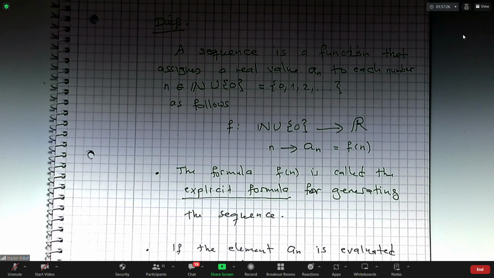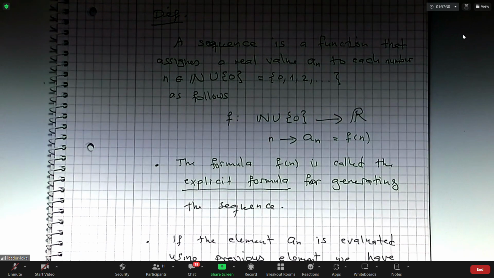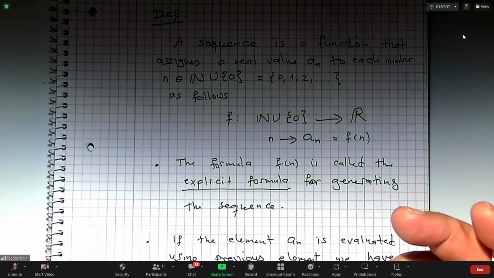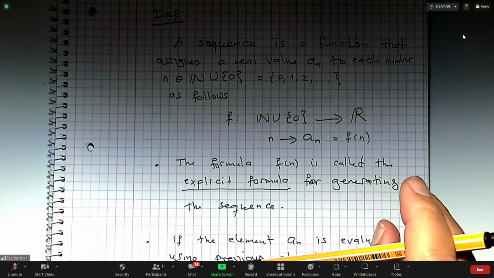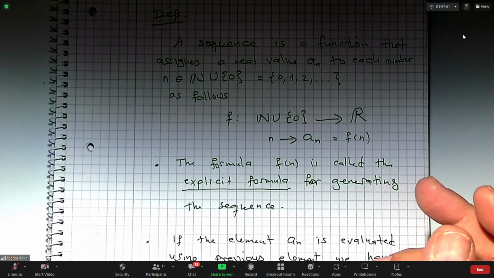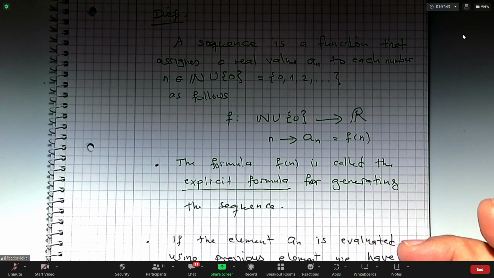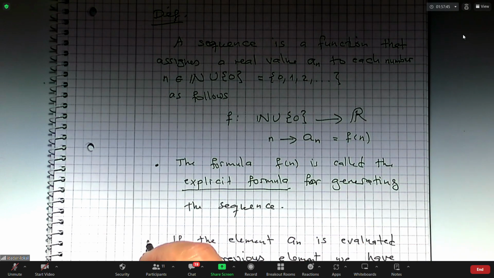Now, some sequences can be given both as explicit and as recursive. Others can be given only as recursive, like the Fibonacci sequence. Now, important here, we will say A0 is the first element.